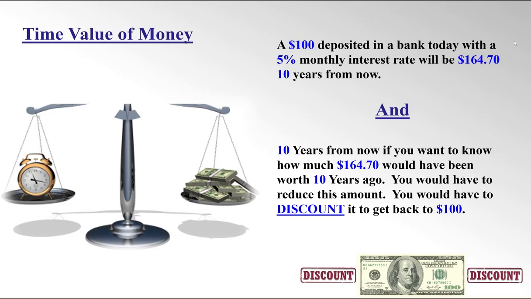If I am sitting into the future a year from now and I have $164.70 and I knew that the bank was paying a 5% monthly interest, I could calculate that a year ago I had $100 in the bank, so that I would have $164.70 today. Therefore, I'd have to discount that $164.70 to get to today's money. So therefore, an interest rate and discount rate are basically one and the same.